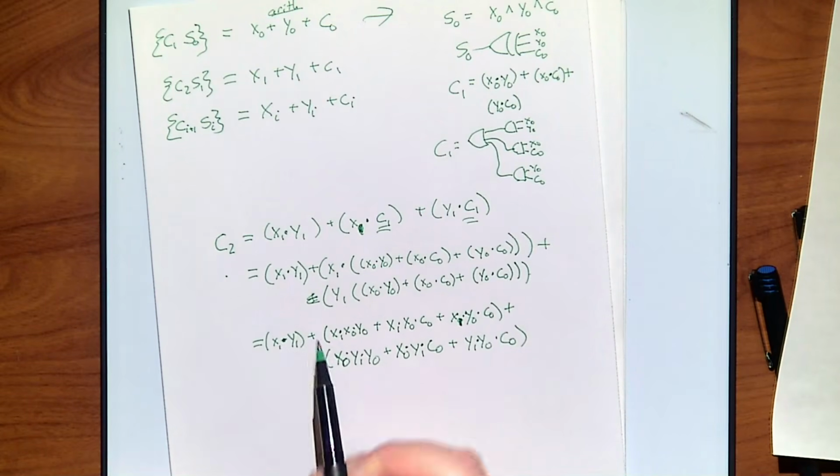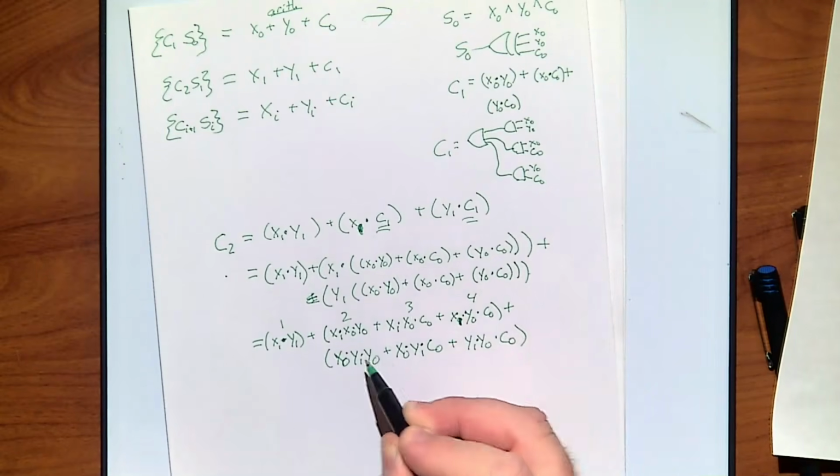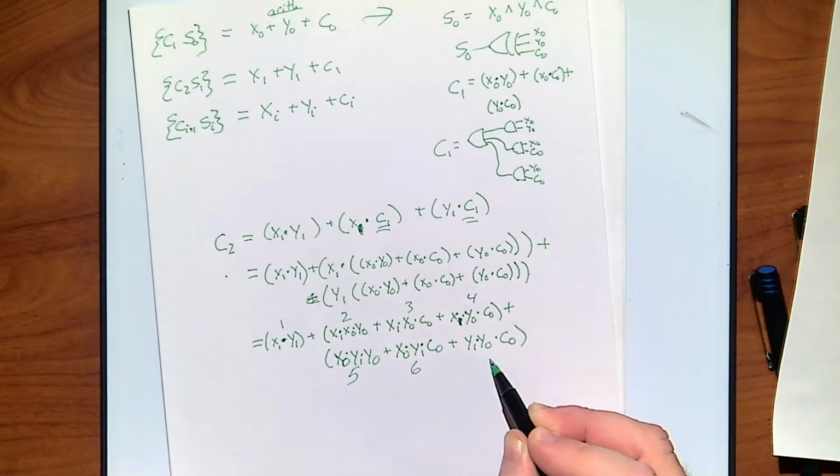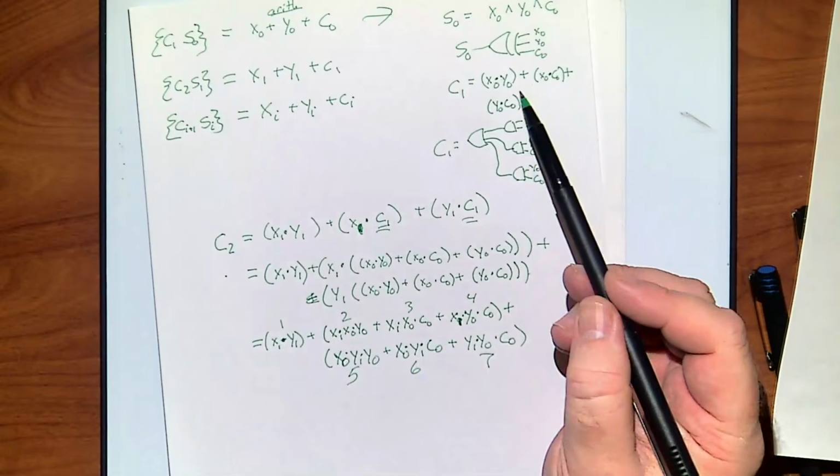So I could run 1, 2, 3, 4, 5, 6, 7 of these into an OR gate. That's a 7-input OR gate. So 3-input AND gates, 7-input OR gates.